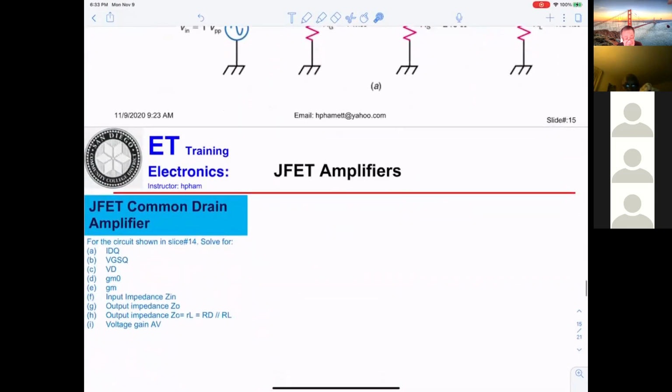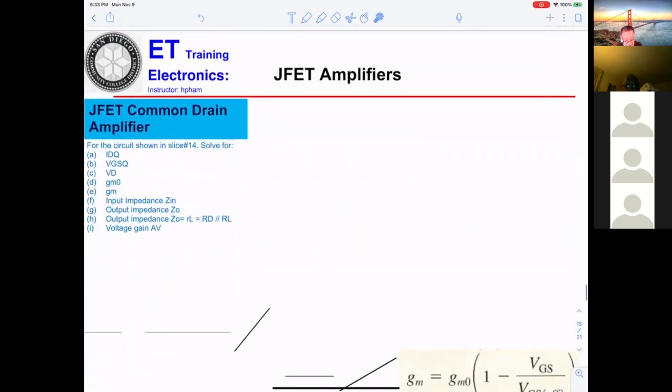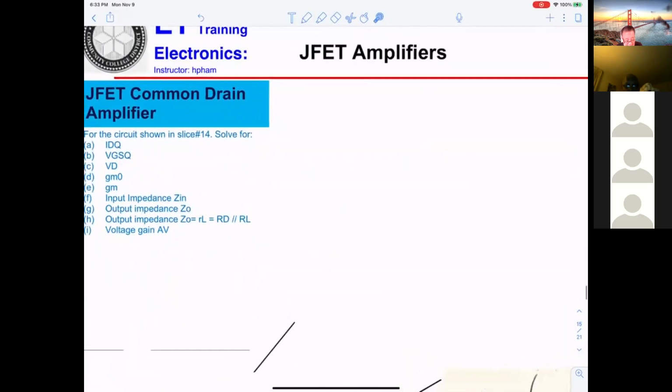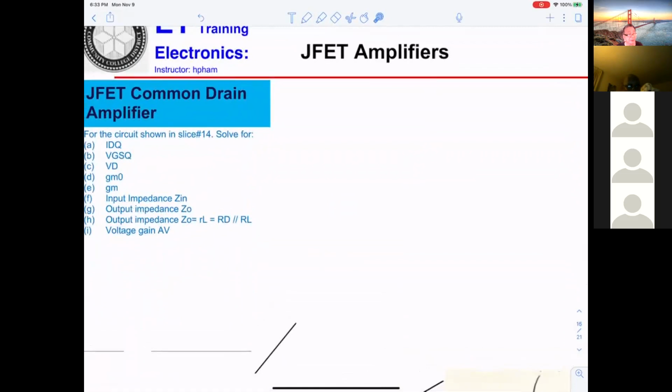Now, for that circuitry, I want you to calculate A, B, C, D. Let's see how many students can get through it easily. Is A 8.3 milliamps?